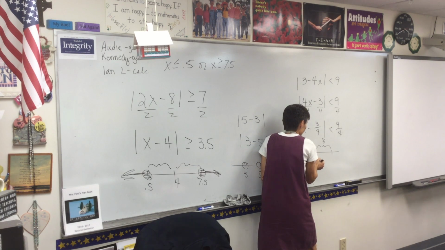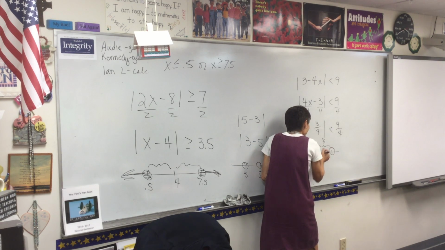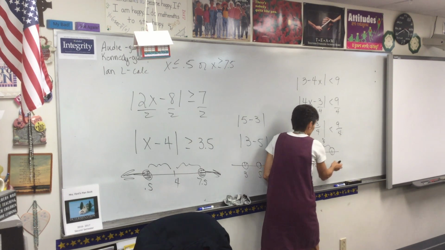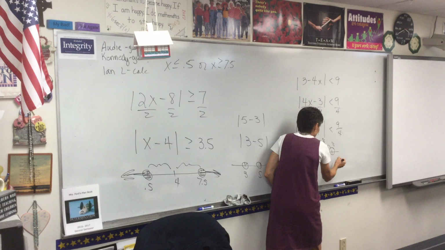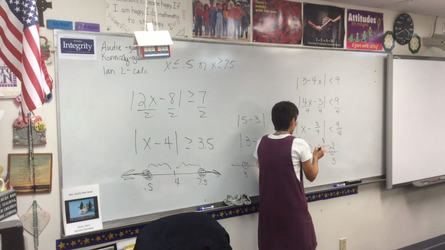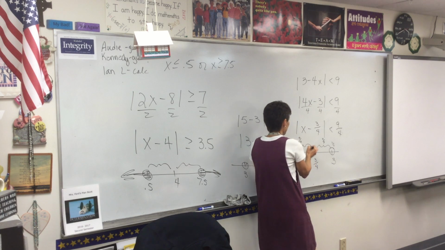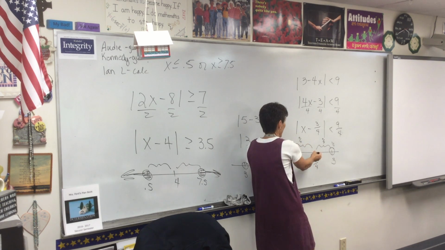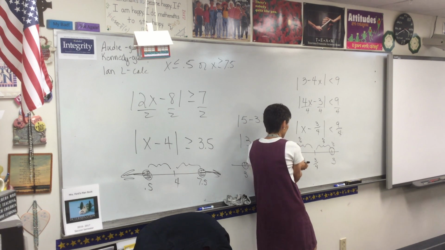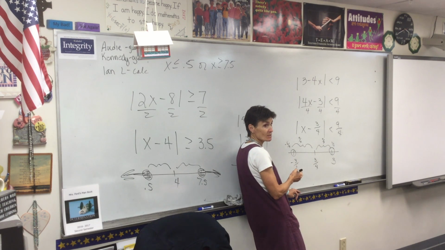If I have 3/4 and I add 9/4, that would be 12/4, which is 3. If I have 3/4 and I subtract 9/4, negative 6/4, which is negative 1.5, negative 3/2.